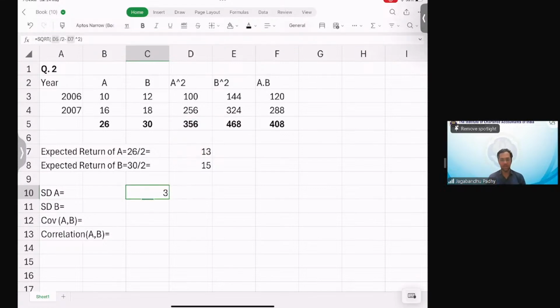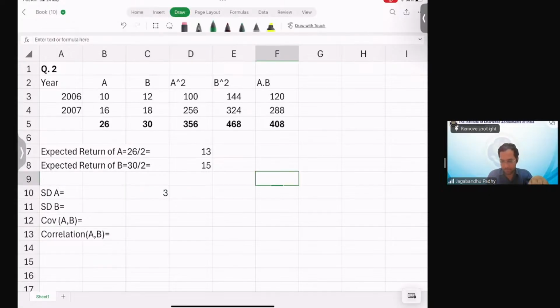Just check if you're getting standard deviation of A as 3. Because standard deviation of A can be calculated simply as root of summation A square upon N minus average return of A square.